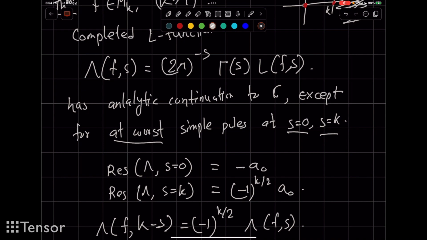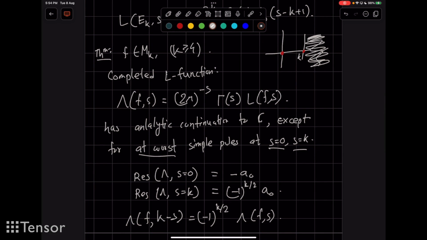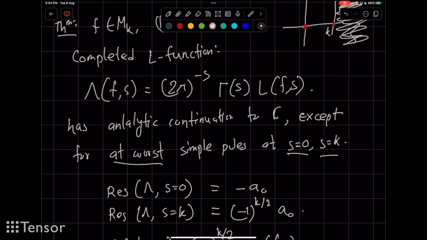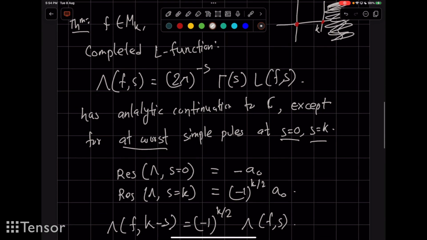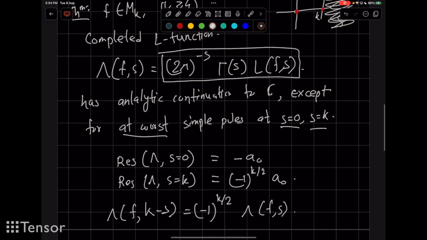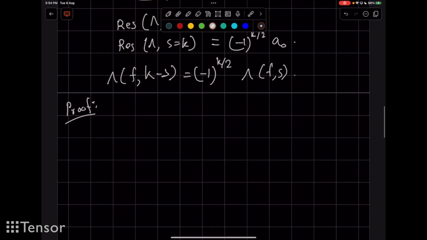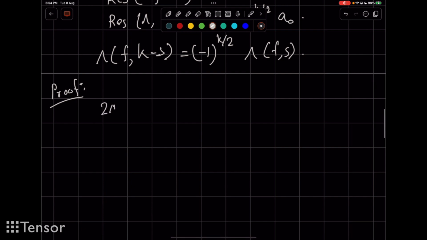Now we are going to prove this theorem. For that, let's first manipulate this part. Proof: that is (2 pi)^(-s) gamma of s L of f comma s.